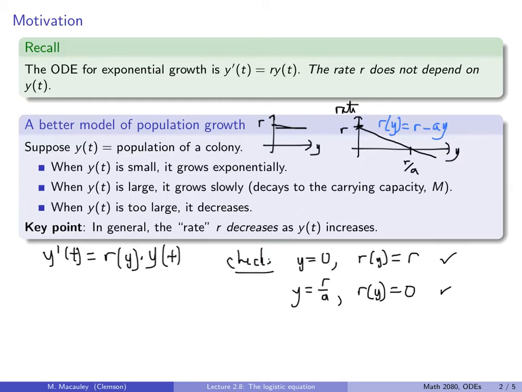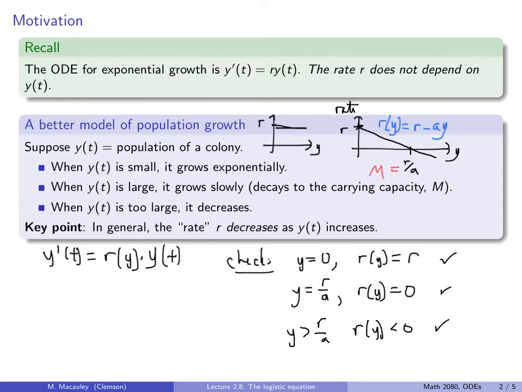Up here, population is large. It grows slowly or doesn't grow at all. This is actually going to be, we're going to call this m for the carrying capacity. The carrying capacity is the population needed for the growth rate to be 0. It's the equilibrium population. And finally, when y is greater than r over a, then r of y is negative.